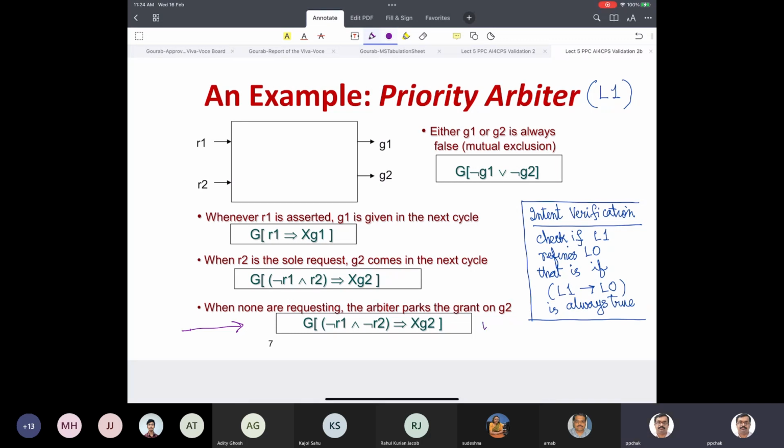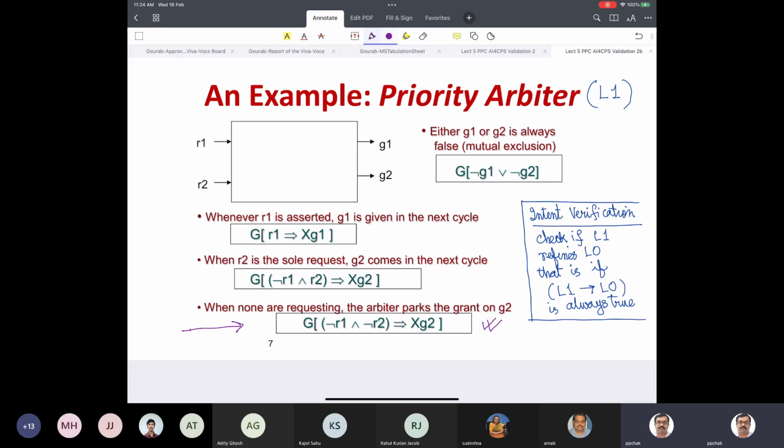By this rule, the rest of the rules are the same. We have added the fourth rule. What does this say? That if none of them are requesting, then the grant is, which line is high? G2.